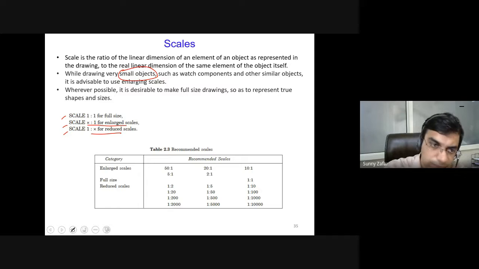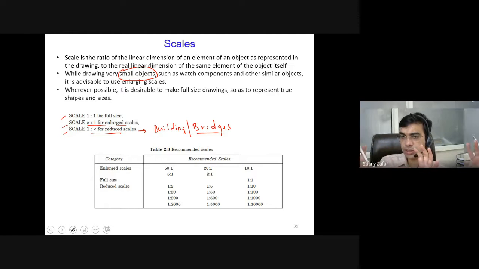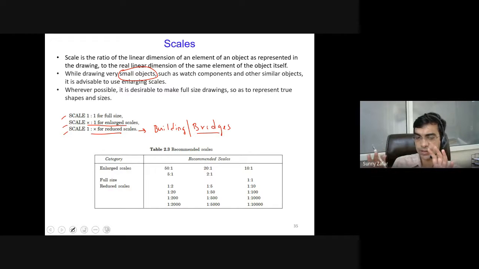As examples for reduced scales, you can take any building. All the building drawings, bridges, or very large structures cannot be directly shown on an A0 sheet. So there the scale is reduced, and we show the drawing on the sheet.